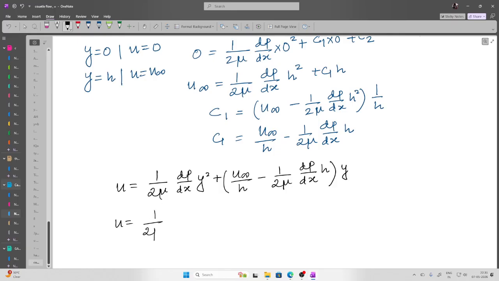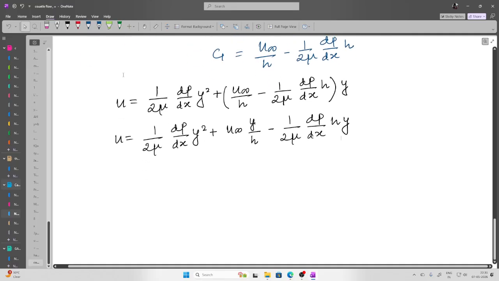It is 1 by 2 mu dp by dx y square plus u infinity into y by h minus 1 by 2 mu dp by dx hy.